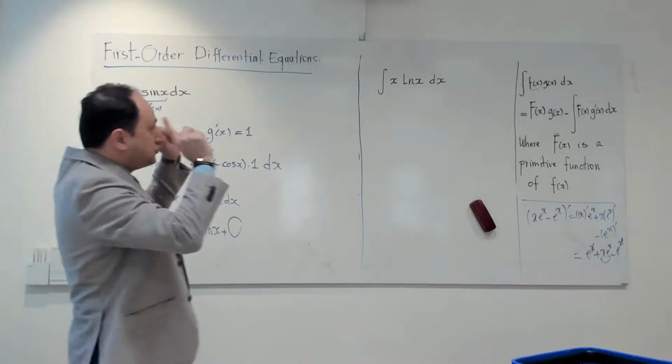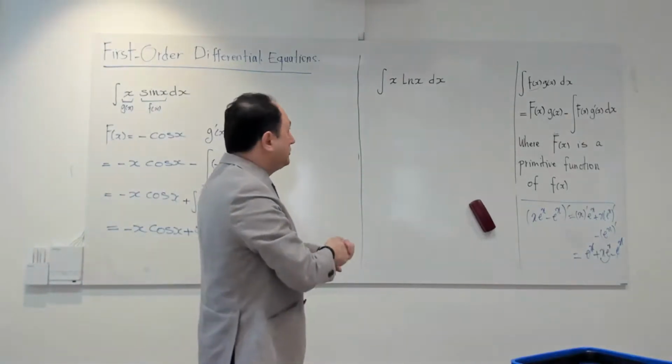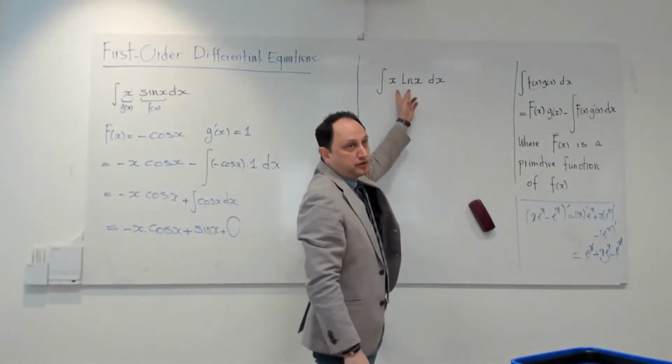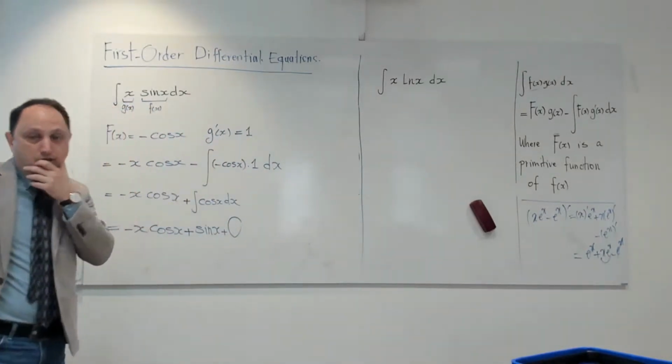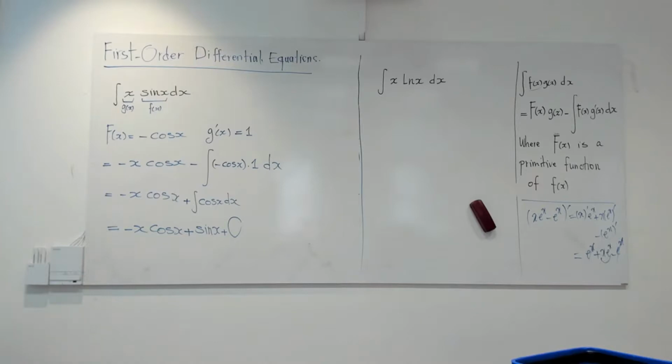First of all, how should I think this method might be useful? Because that's the product of two functions. Okay, so which one is useful here? Which one to take as F, which one to take as G? Yes? x is G. If I take x as g, then I have to take f as ln of x.